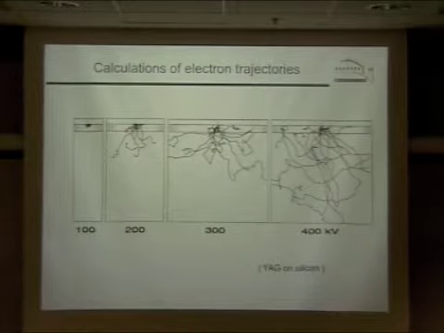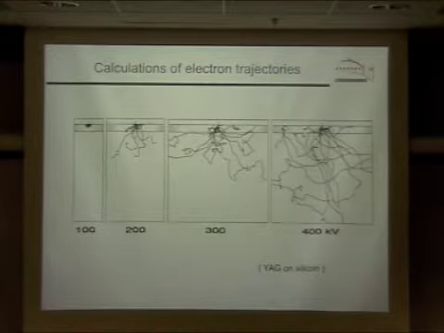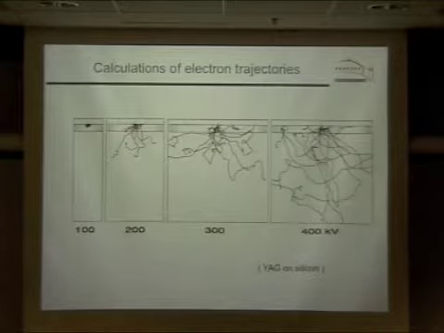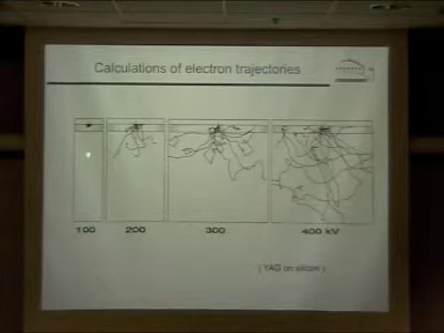Chris showed a really beautiful movie of some of these Monte Carlo simulations of electrons scattering within a scintillator and then within the substrate below. This is just a couple of examples that I pulled out of so much earlier, where electrons scatter in a YAG scintillator that's sitting on fiber optics.